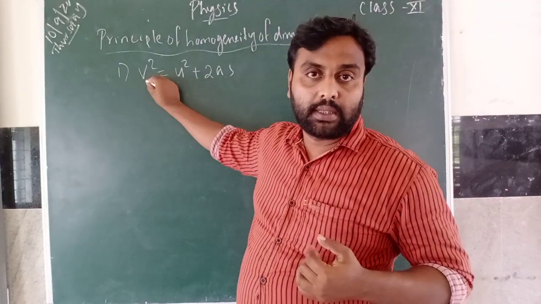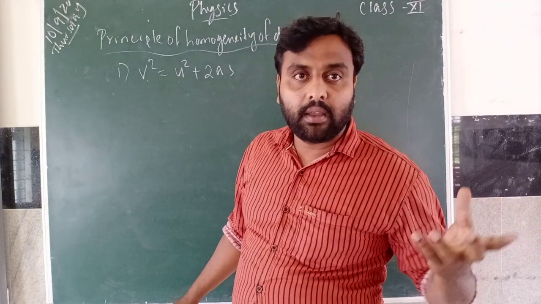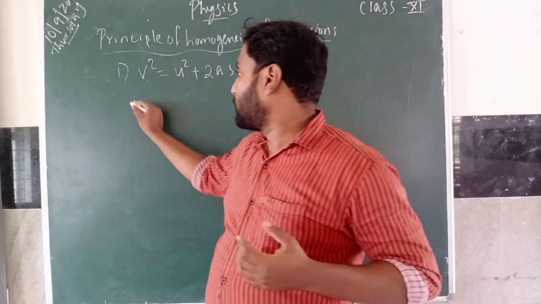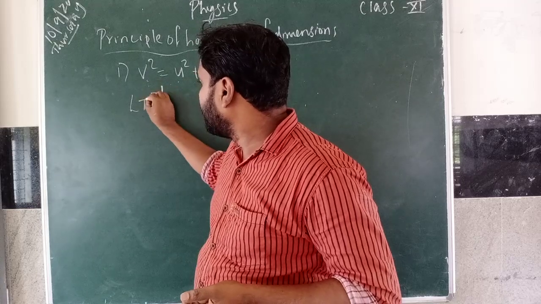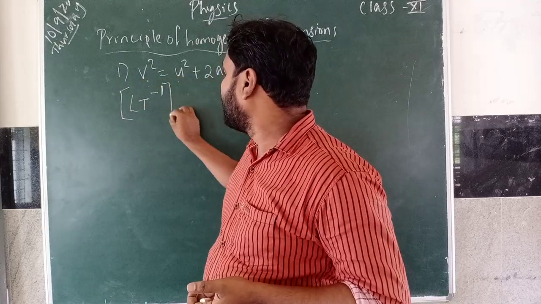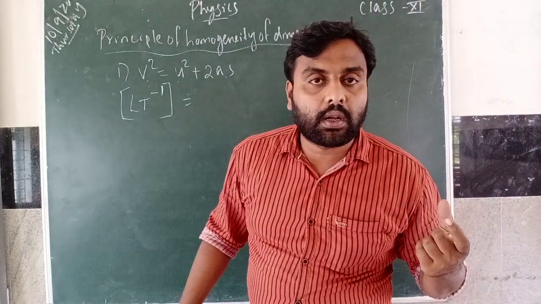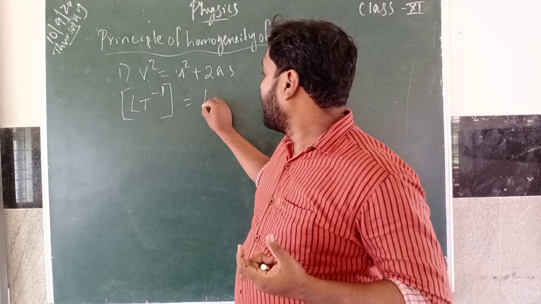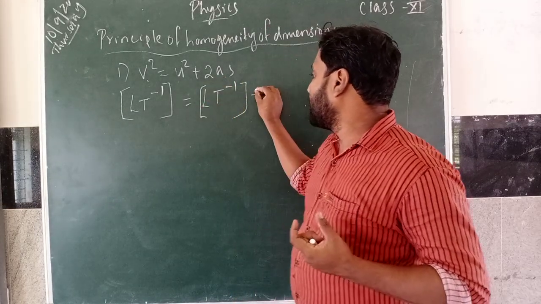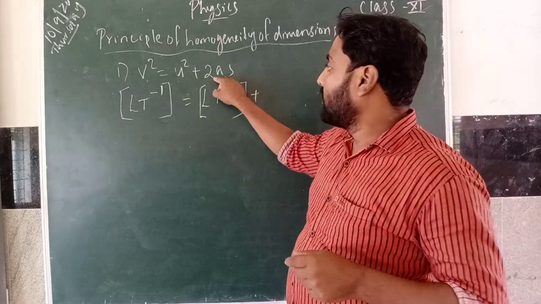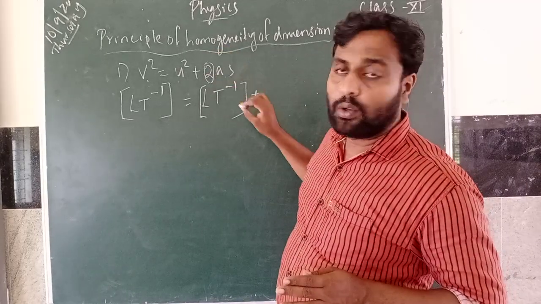You all know the velocity dimensional formula. What is the dimensional formula for velocity? Yes, LT power minus 1. So v square equals u square plus 2as. u means velocity, so LT power minus 1, plus 2as. 2 is a dimensionless quantity, so no need to use it.